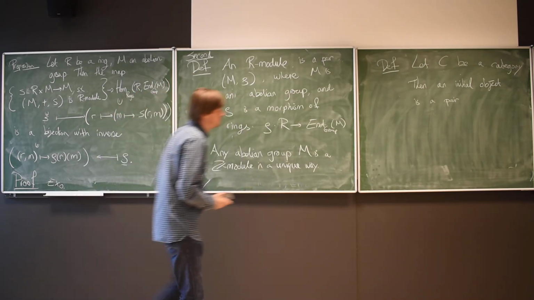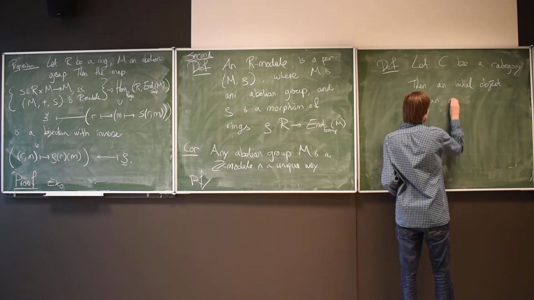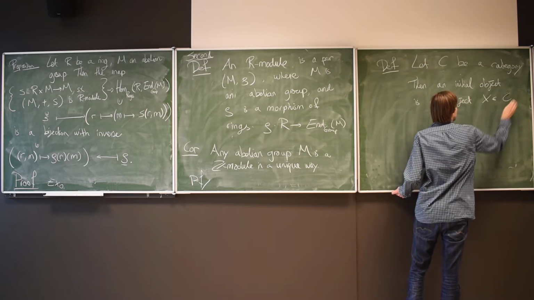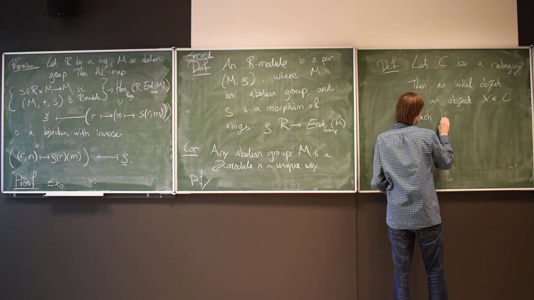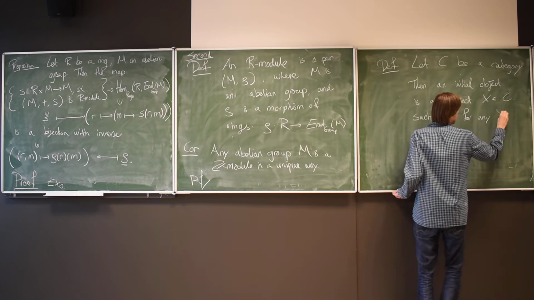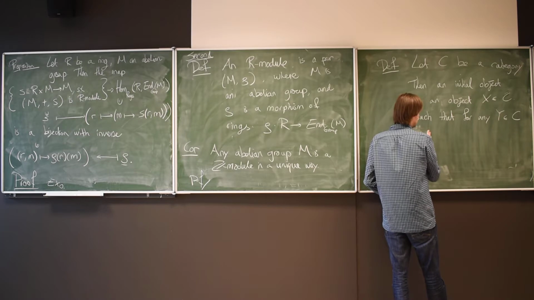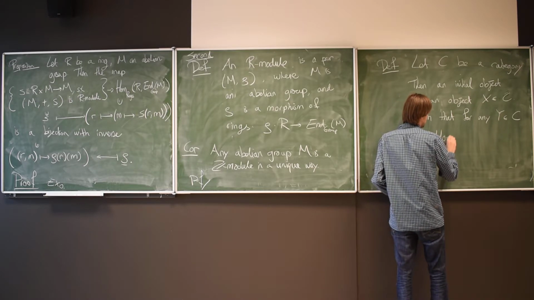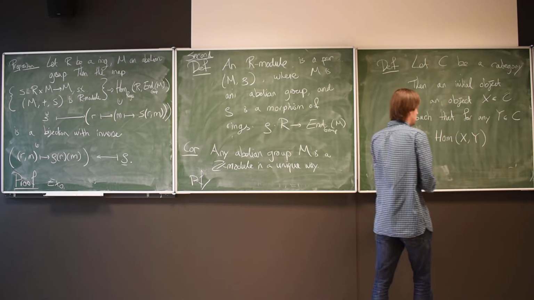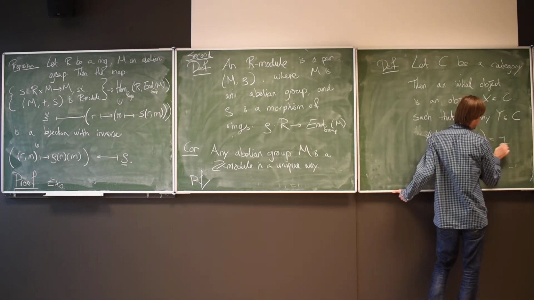So it's an object X in C, such that for any other object, let's call it Y in C, we have a unique morphism from X to Y. So maybe I say that the home set has precisely one element.